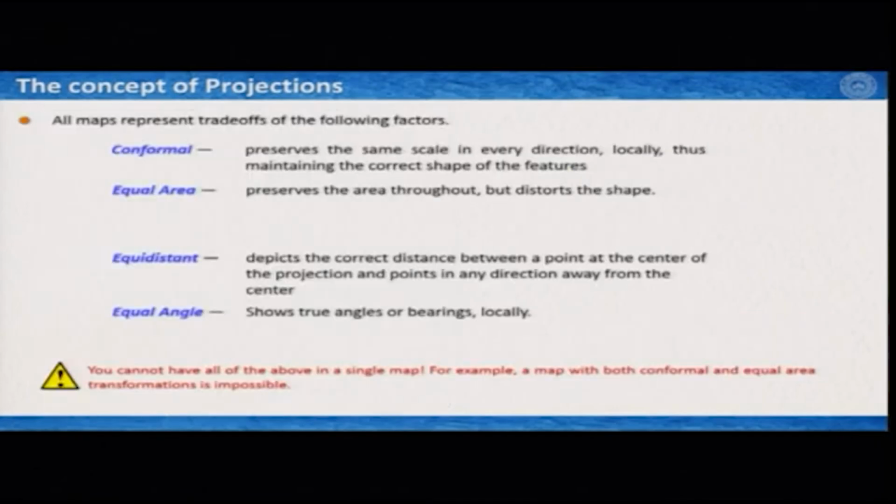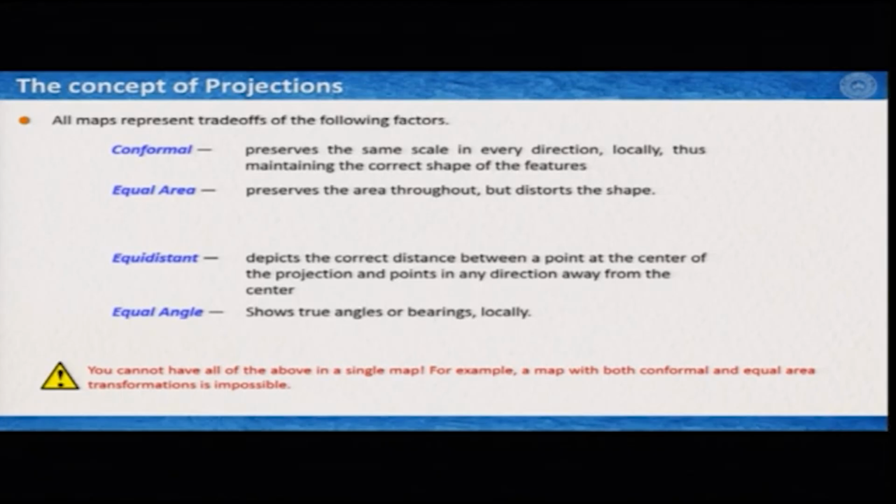So, there are many ways of projections, but in structural geology there are mostly 4 different ways we project maps. One is conformal, one is equal area, one is equidistant, and another is equal angle. Now, all these 4 are somehow related to each other. For example, a conformal projection preserves the same scale in every direction locally, thus it maintains the correct shape of the features.